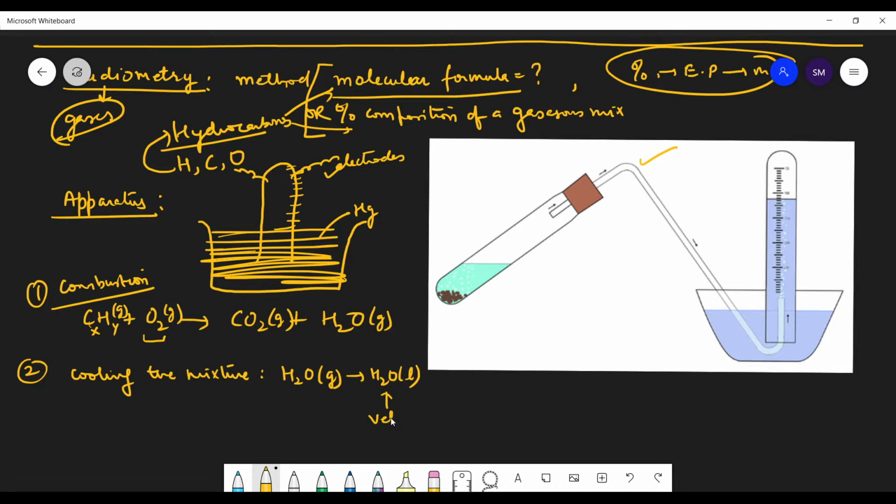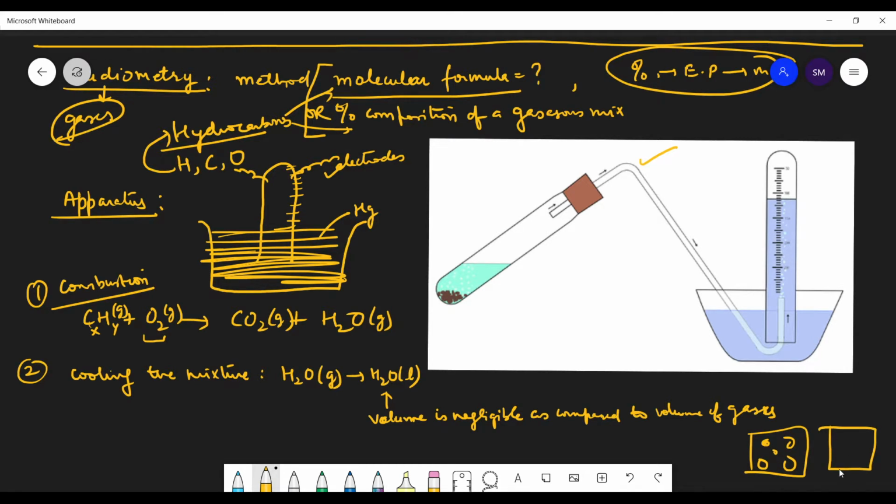Its volume will decrease. It is negligible as compared to the volume of the gas, because the molecules in the gaseous state occupy all the space, but in liquid they will only settle here.